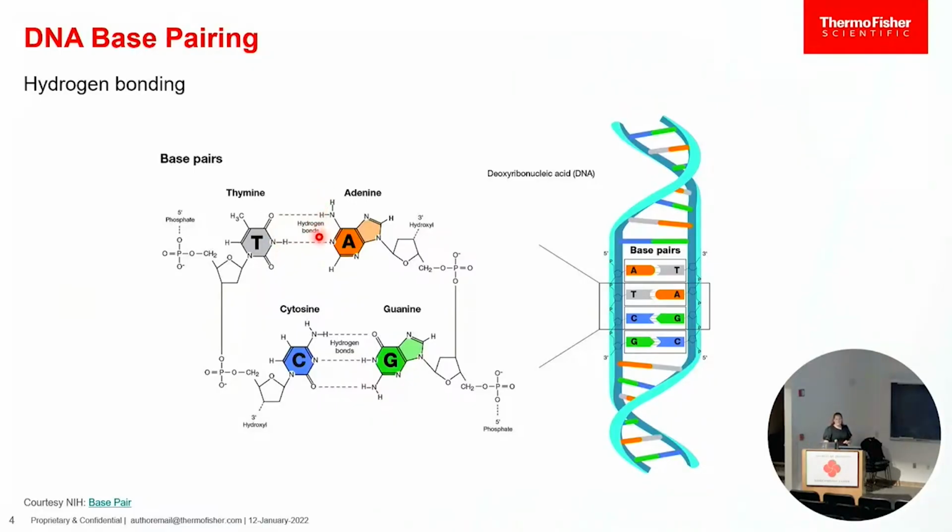With adenine and thymine, we have 2 hydrogen bonds. With cytosine and guanine, we have 3. So if we're looking at how tightly everything matches each other on our 2 DNA molecules, we're going to have a tighter association with cytosine and guanine versus adenine and thymine.